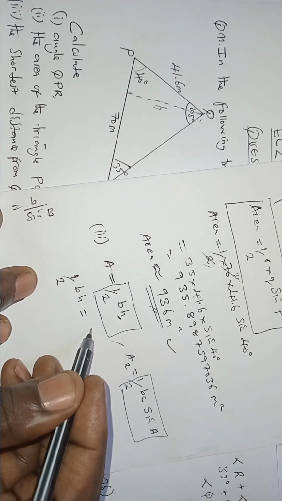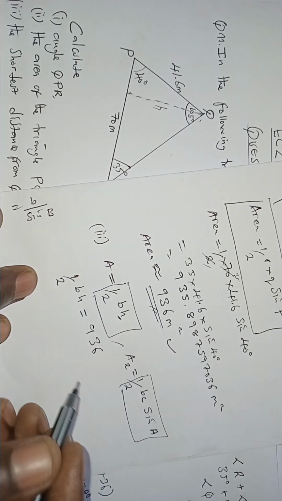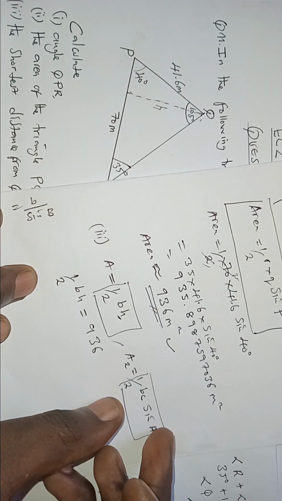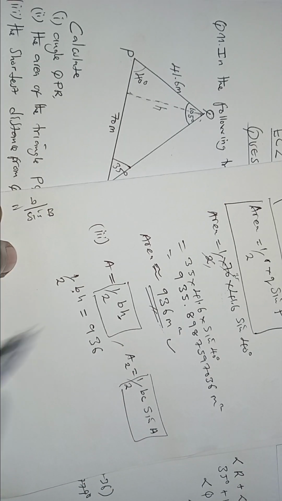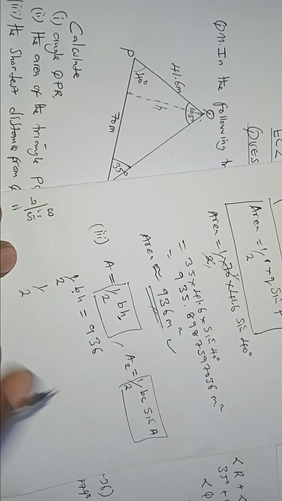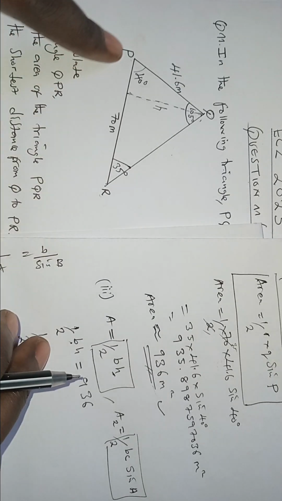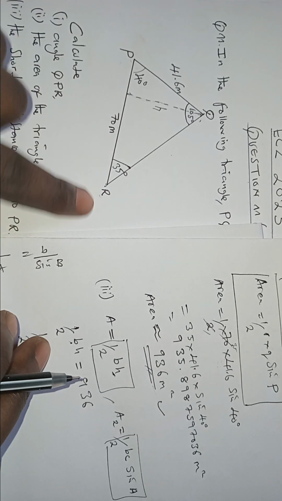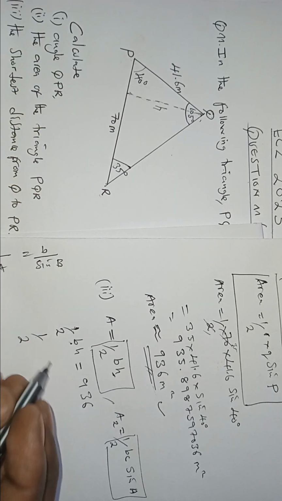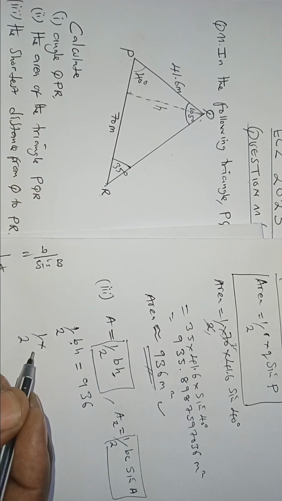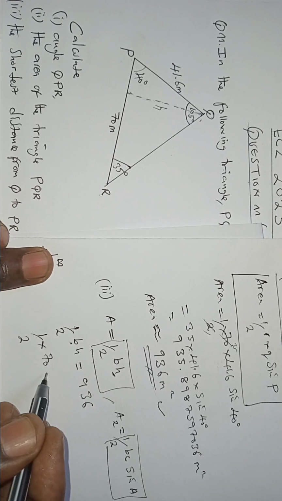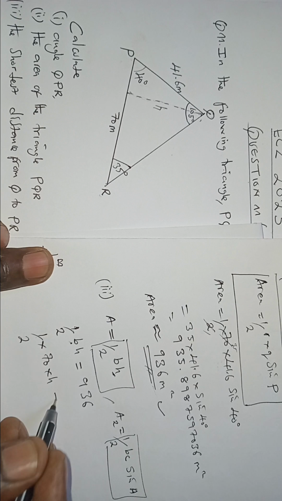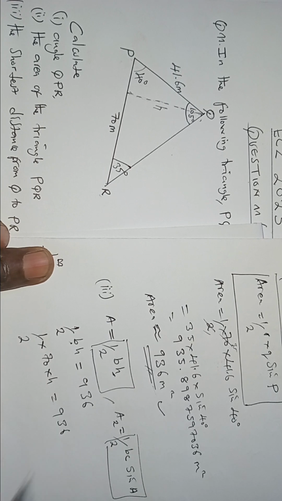So we are going to have 936 as the area 2. So now, what is the base? That is the remaining part. So we are going to say 1/2. The base of the triangle is PR, this distance here. So this shall be 1/2 multiplied by the base. We are saying it is 70. So 70 times h is equal to 936.